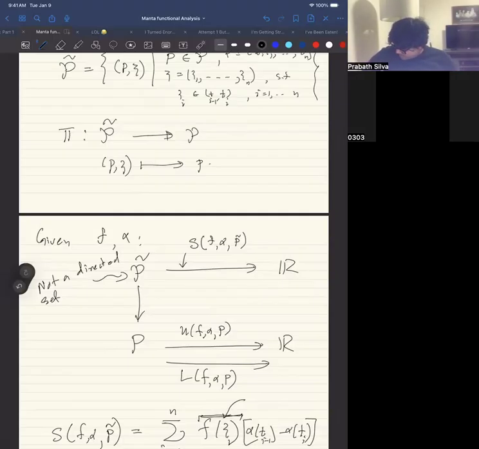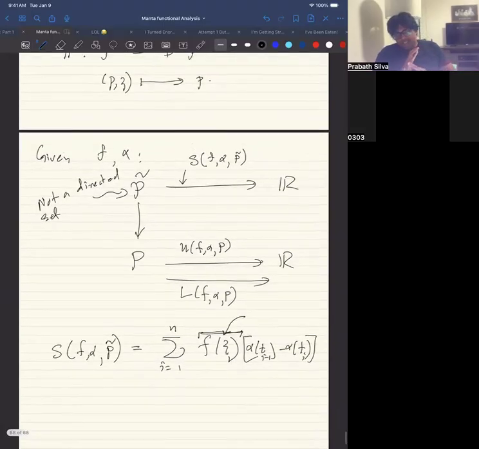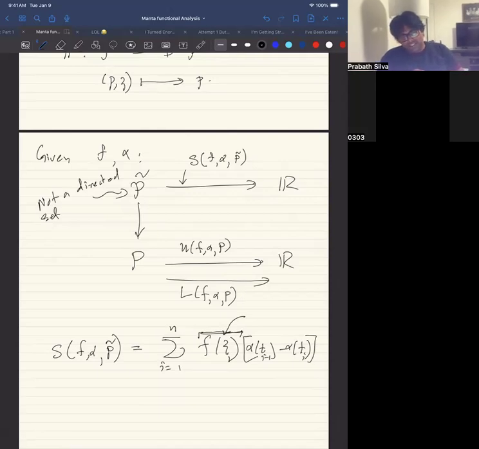I think I'll stop here, but I have a big assignment. I want you to read Rudin's book, Baby Rudin. It has a chapter on Riemann-Stieltjes integrals, and read it with this mindset. You want to think of P as a directed set, and then you're taking the limit of something defined on the directed set.